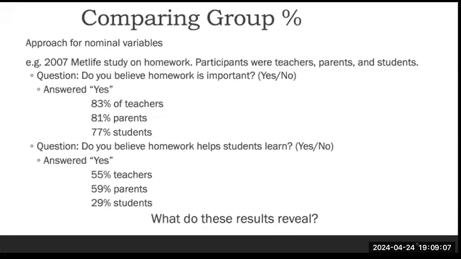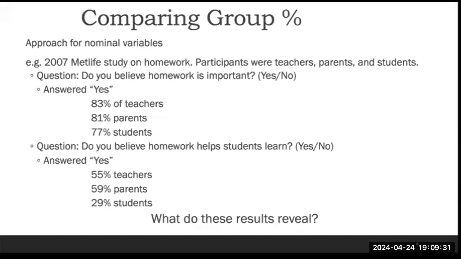So when we compare group percentages, you might think it doesn't sound very meaningful, but actually it can reveal a lot. So this is what we do if we have nominal scale variables. It's really all we can do. So for example, in 2007, there was a MetLife study about homework. So the participants in the study were teachers, parents, and students. So you have three groups, right?